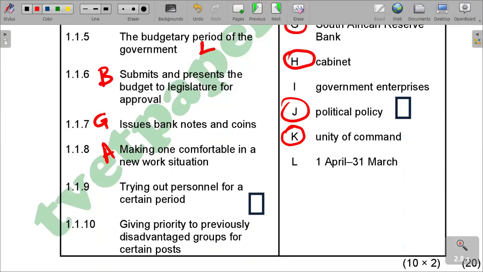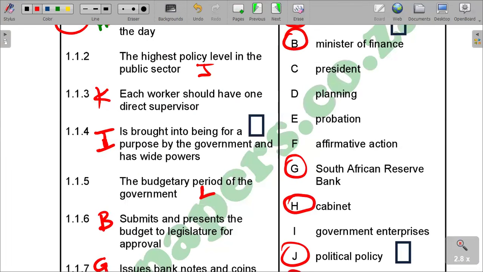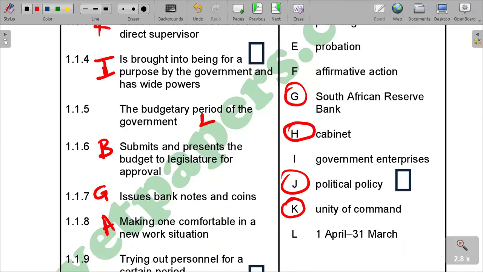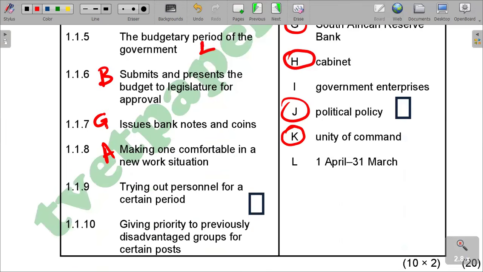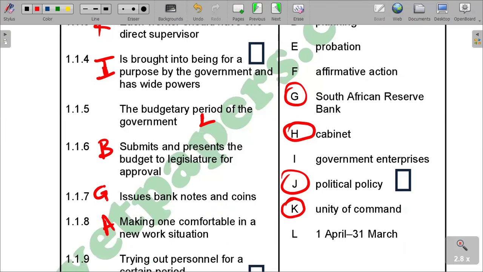Trying out personnel for a certain period. Number 9, we can agree to say that is probation.